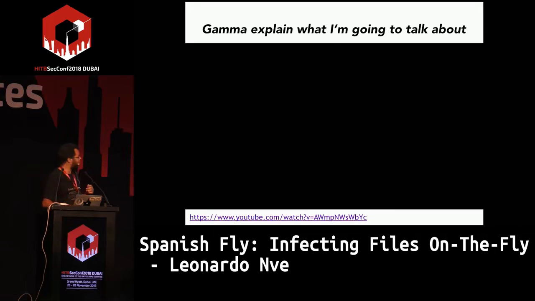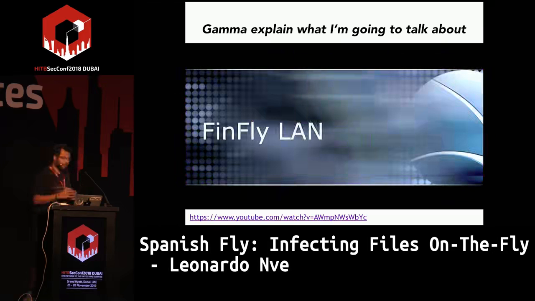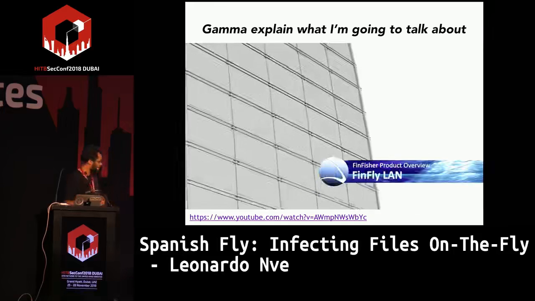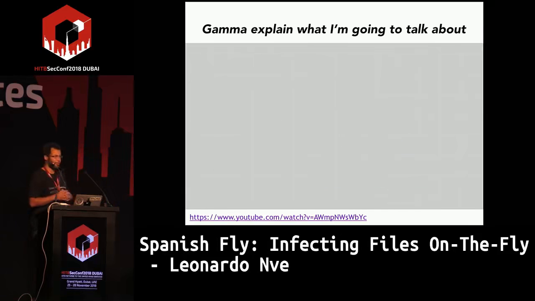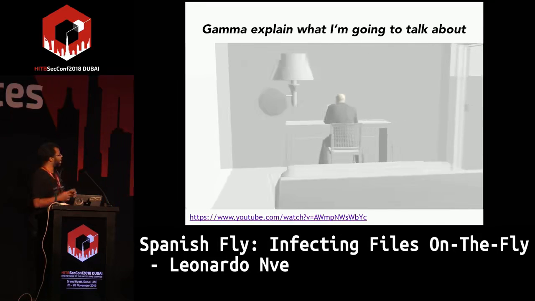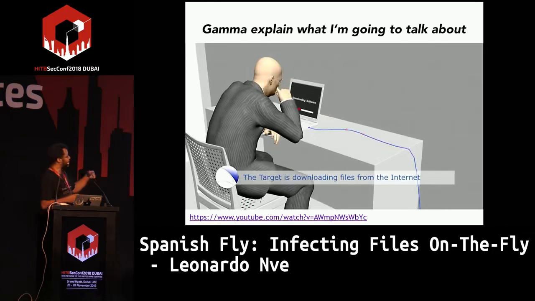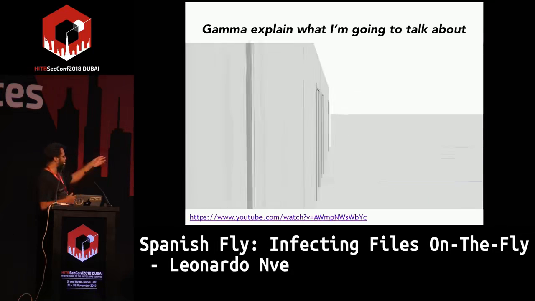So, exactly what I'm going to talk about, Gamma can explain it. You probably know that Gamma Group is a European company that makes surveillance software. They were hacked some years ago, 4 years ago, I think. And there was a leak, and they published the software and the internal promotional videos.